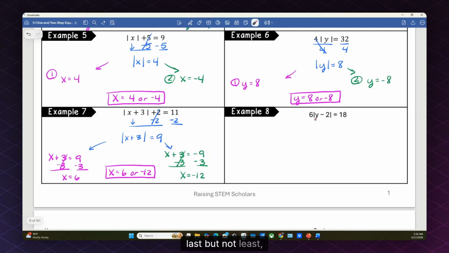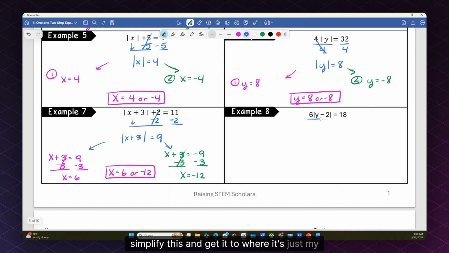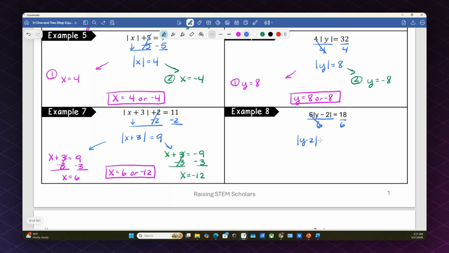Okay, last but not least, we've got 18 and we've got 6 on the outside. We've got to get that 6 removed, and then we can break it up. So I'm going to simplify this to where it's just my absolute value equation. I'm going to divide by 6 on both sides. That gives me the absolute value of y minus 2 equals 3.